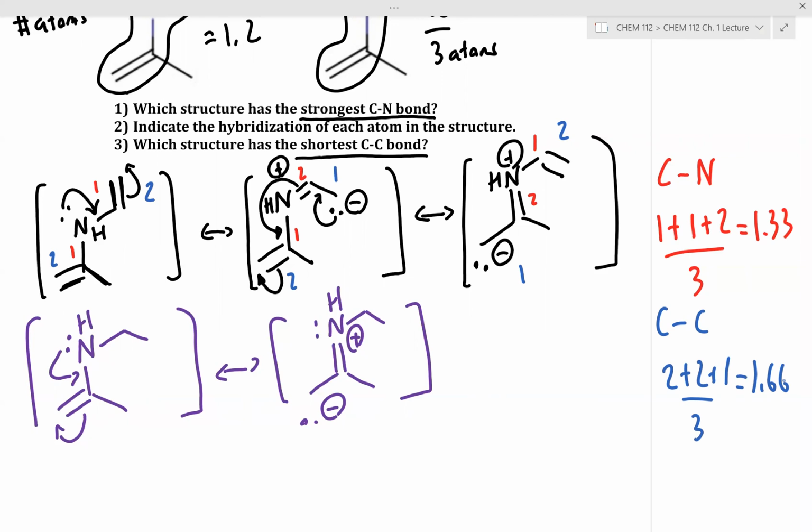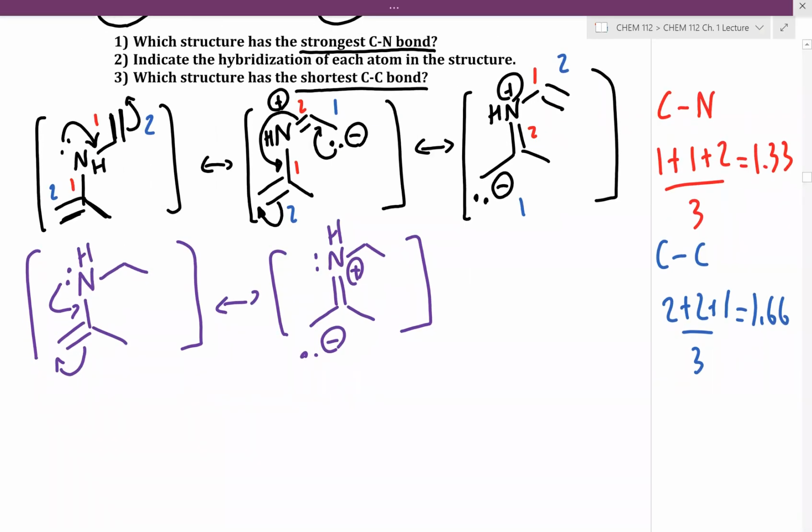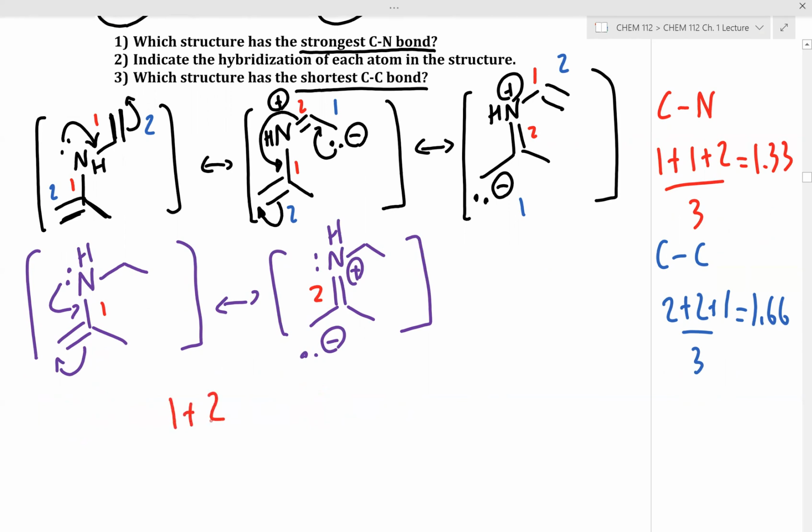Now let's assess the carbon-nitrogen bond order in our second example. So I see a carbon-nitrogen bond order of 1 in the first resonance structure and 2 in the second. So 1 plus 2 divided by how many total resonance structures? How many do we have in the second example? 2.